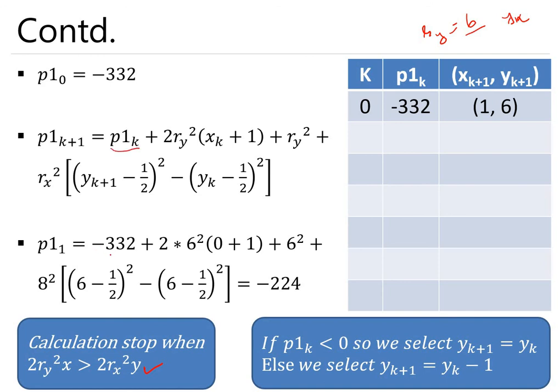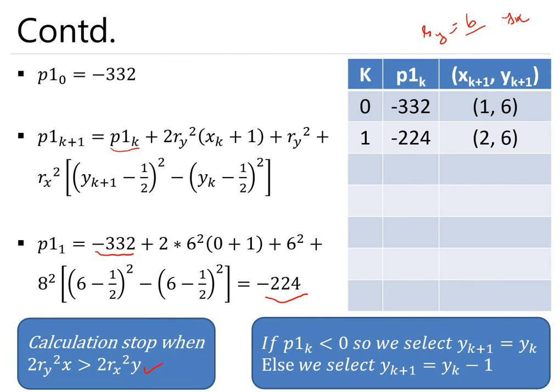This is the previous one, minus 332, and the rest remains the same. Using this formula you simply have to substitute. Remember this formula and substitute it. Now we know that the second decision parameter is minus 224. That means yk will remain the same, x will take a unit step, but y will remain the same.